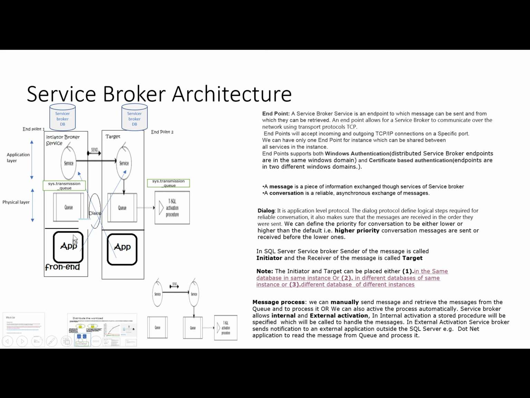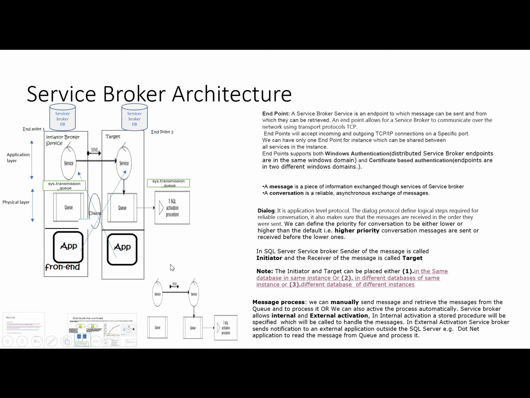For the payment, it will create the message, and it will send the message for the payment to this target service, and the target service will receive the message in the queue, and then it will dequeue the message, and after that the message will be processed. This all works asynchronously, and after that processing, it will respond back to the initiator service for the order completion.